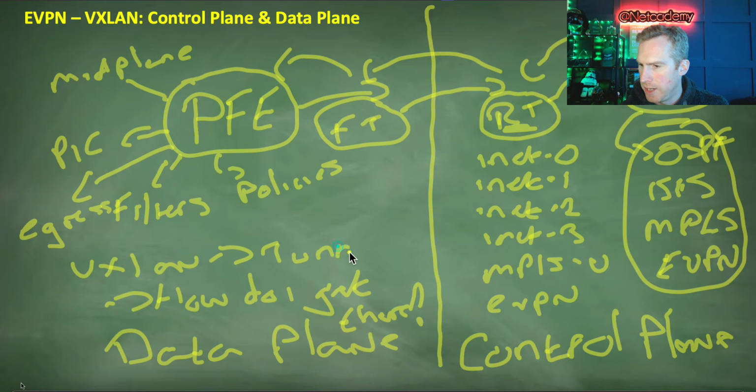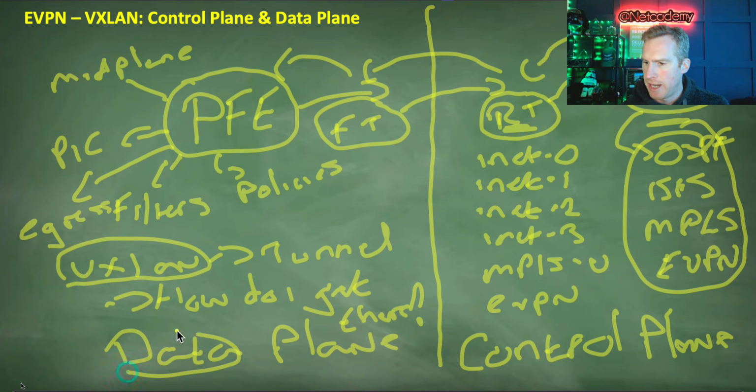It's a tunnel-based technology where we encapsulate those Ethernet frames with IP UDP headers and then forward them through those tunnels over the overlay network. So VXLAN is a data plane technology. It is just interested in forwarding those frames after encapsulation through the tunnel to get to that destination.